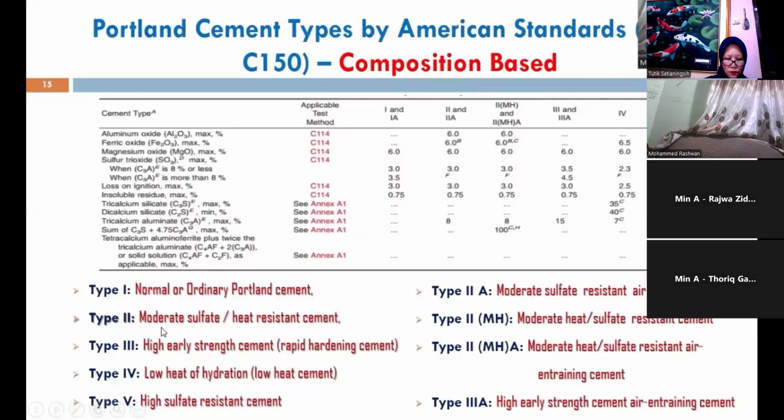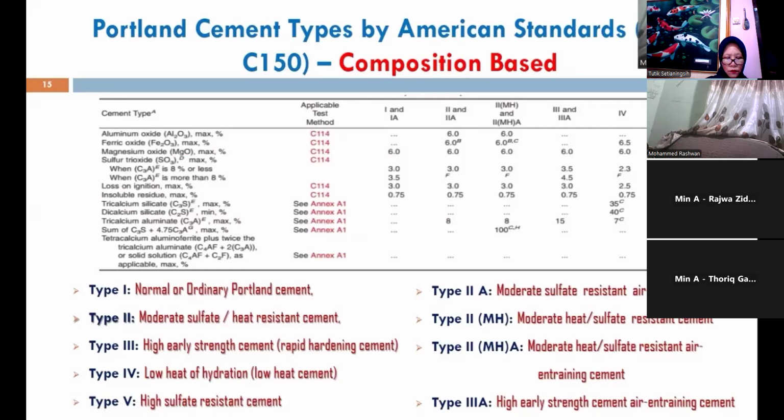Type 2 is named moderate sulfate or moderate heat cement, and this type of cement is used in environments that contain some sulfate content as SO3 or SO4. Type 3 is a high early strength or rapid hardening cement.